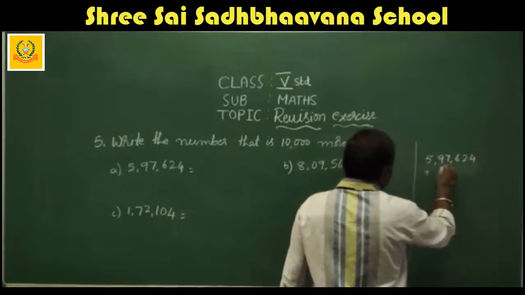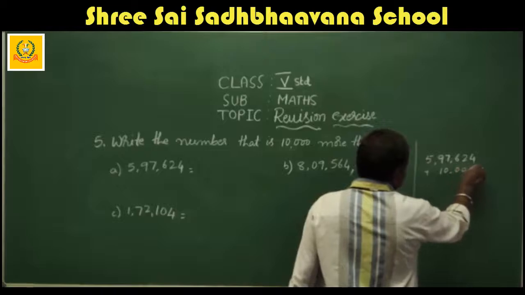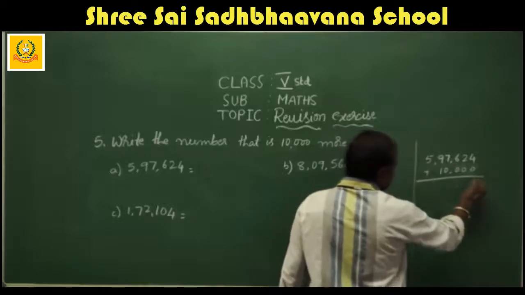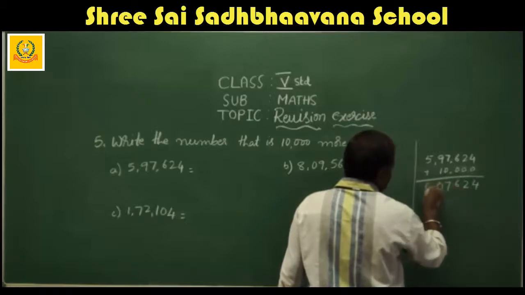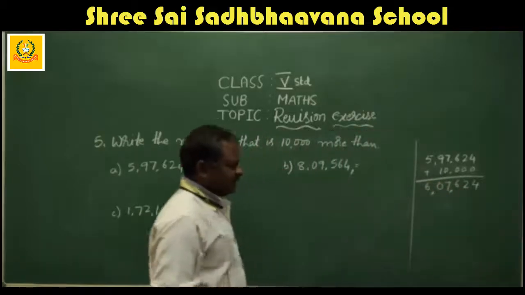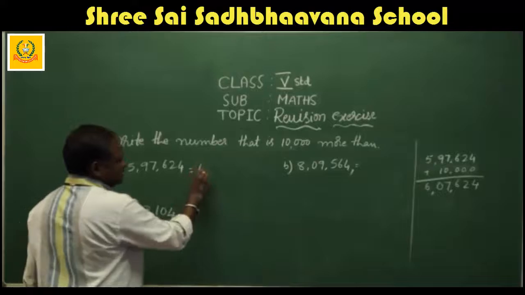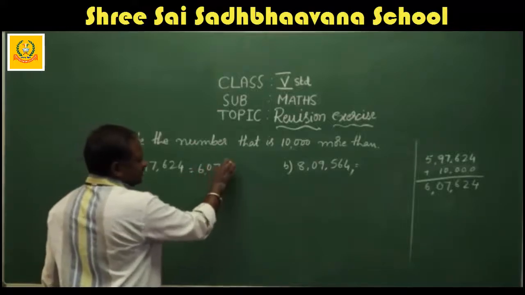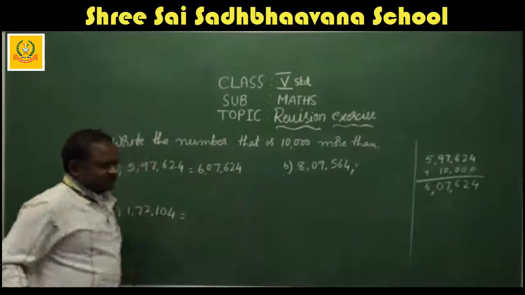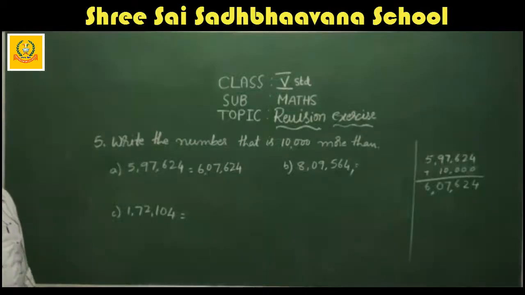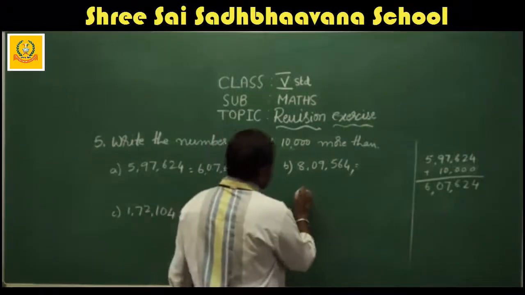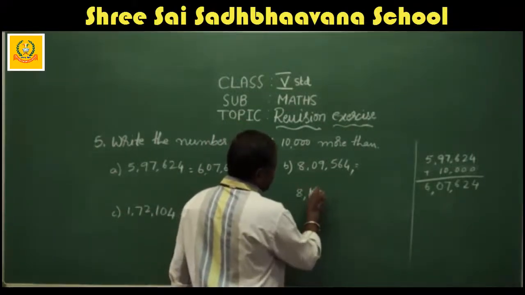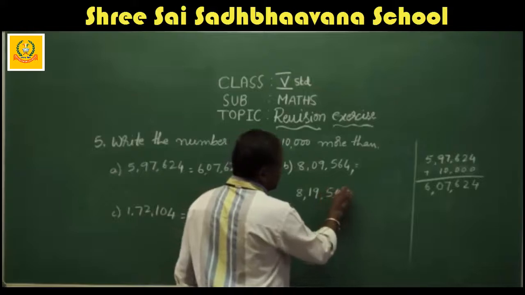So when you come to here, 5,97,624, add 10,000 here. So what did you get? What is the number you got? 6,07,624. Here you add 10,000 directly. 8,09,564.